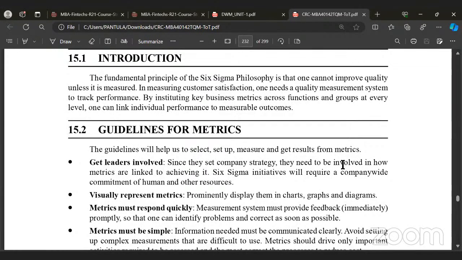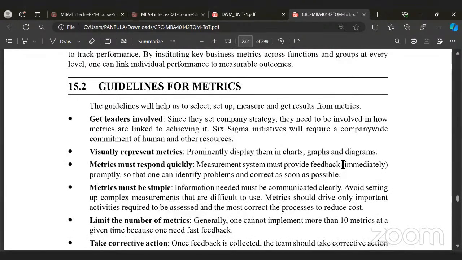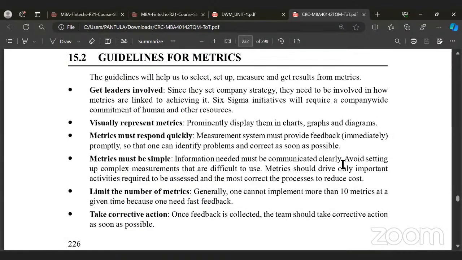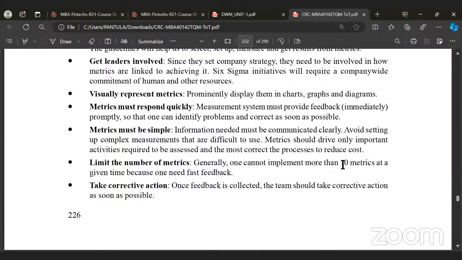The first guideline is to get leaders involved. Leaders should be involved in DMAIC since they set company strategy and need to be involved in how the metrics link to achieving it. Six Sigma initially will require company-wide commitment. Visually represent metrics, prominently displaying them in charts, graphs, and diagrams.